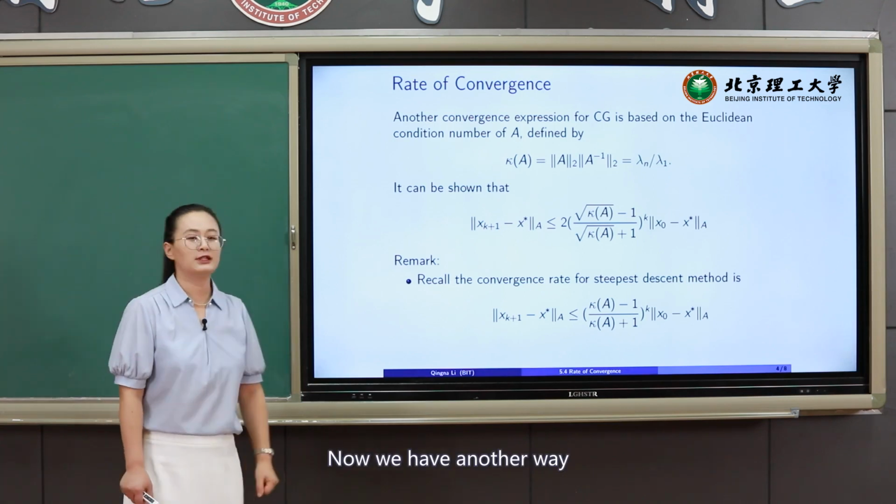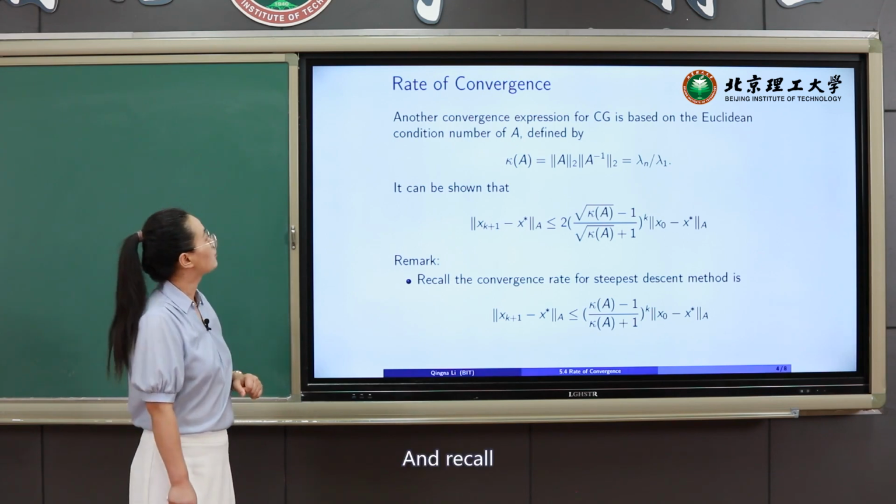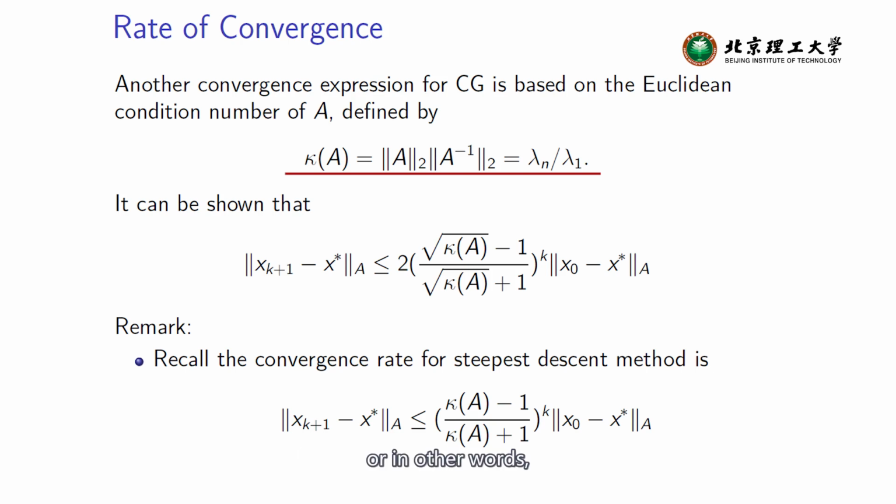Now we have another way to measure the convergence result, and recall that we define the condition number kappa A by the norm of matrix A multiplied by the norm of matrix A inverse, or in other words, the largest eigenvalue over the smallest eigenvalue.